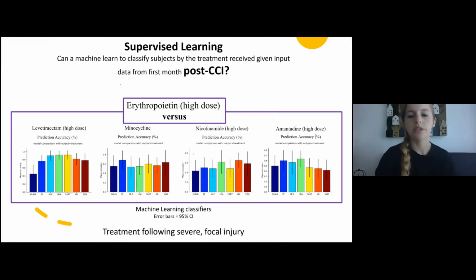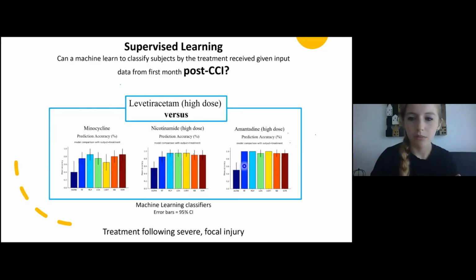But we moved forward with the same set of classifiers and found that in all cases except for levetiracetam, the machine performed rather poorly. We didn't really see a whole lot of striking findings like we did with the FPI data. But levetiracetam actually performed quite well across the board.